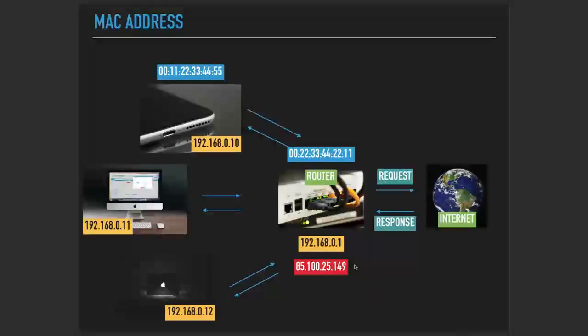So every interface like a wireless card or a wired connection has its own MAC address, and they are assigned by manufacturers. They are hardware numbers, and they are basically stable and constant. So if I connect a Wi-Fi card in my machine and take it out and connect it to another machine, it won't change. It will stay the same.